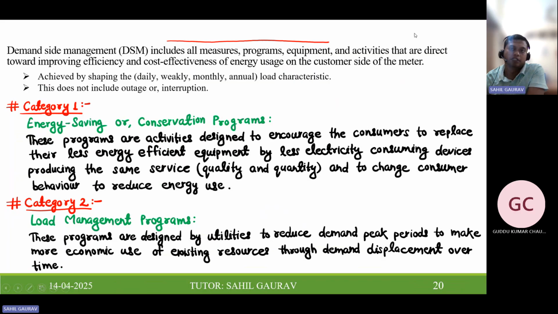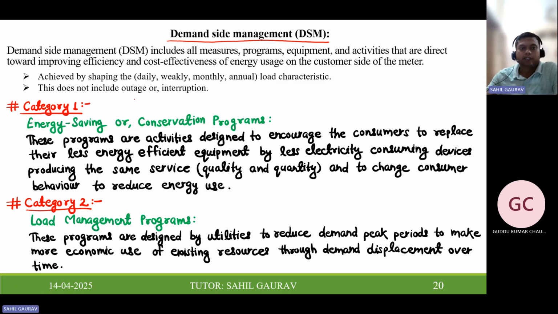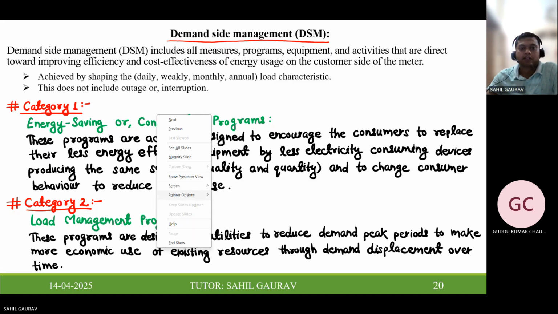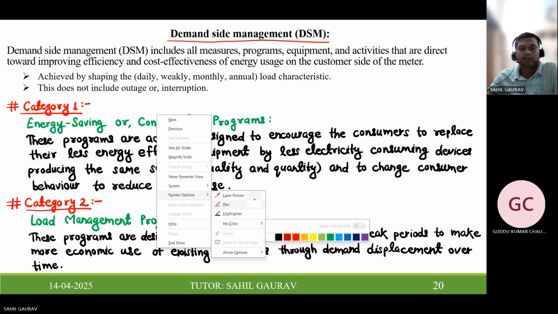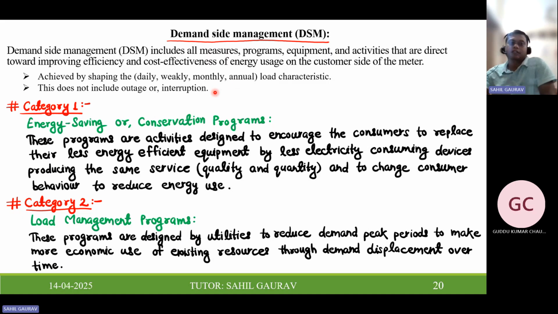see the next part, that is demand side management. Demand side management is the approach towards improving the efficiency and cost effectiveness of energy usage on the customer side of the meter. This is achieved by shaping the load characteristics, either daily, weekly, monthly or annual load characteristic.